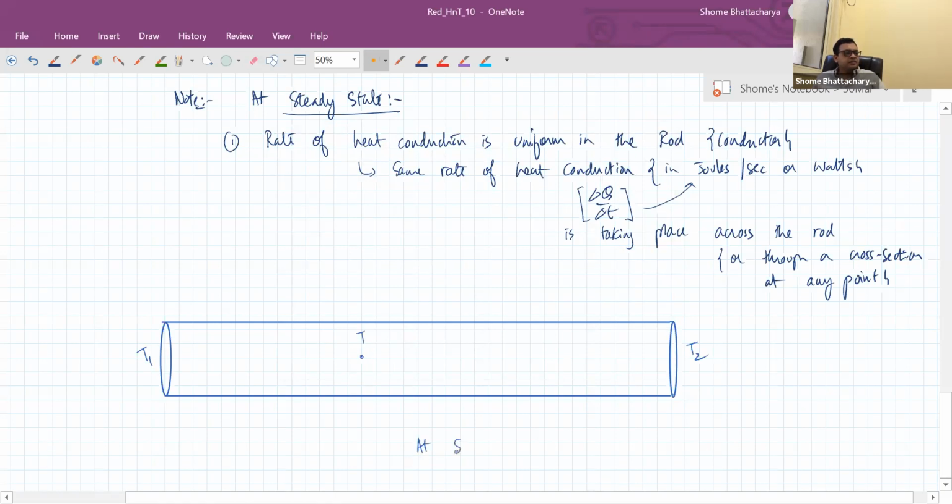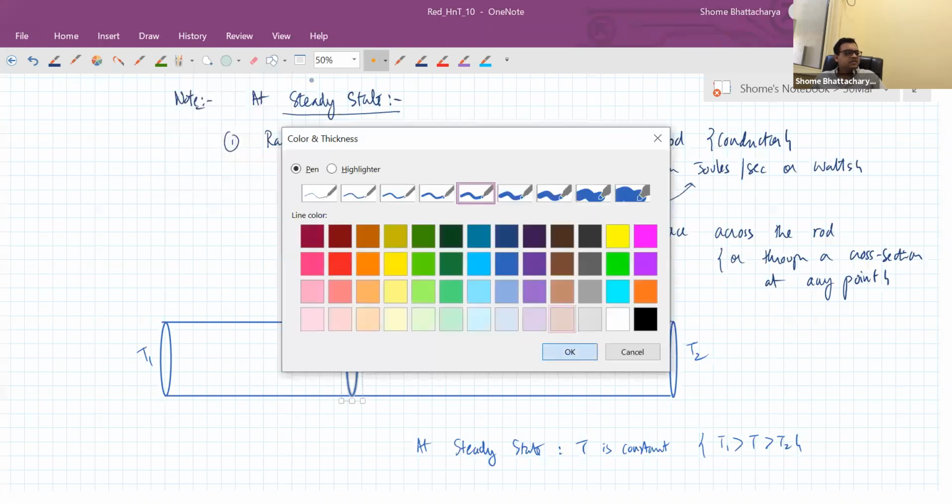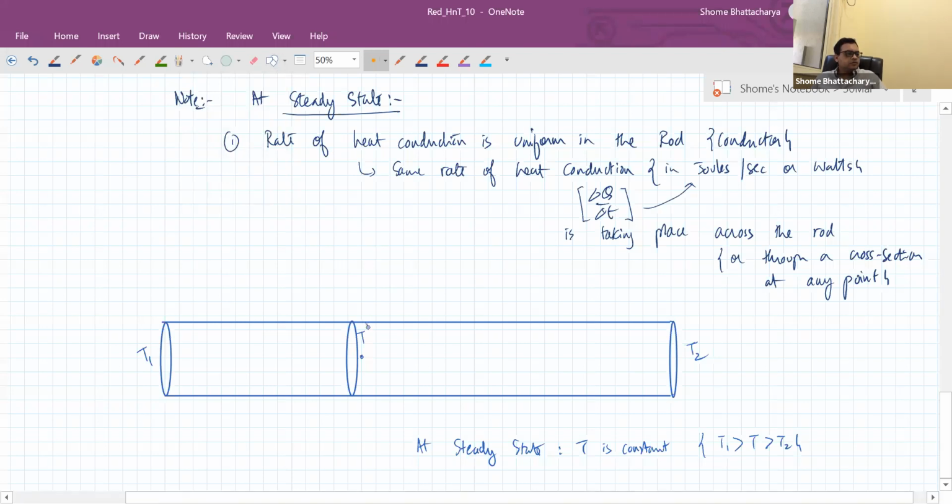So at steady state, the temperature T is constant. It's obviously less than T1 and greater than T2. Okay. So that means if I now consider an imaginary thin cylinder or thin section of the rod, for this imaginary thin section of the rod of length dl, what is happening?